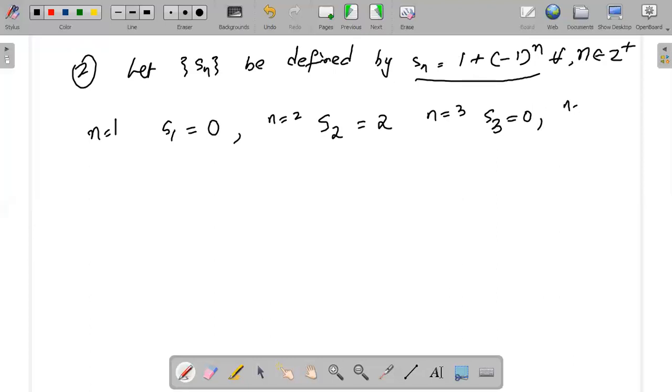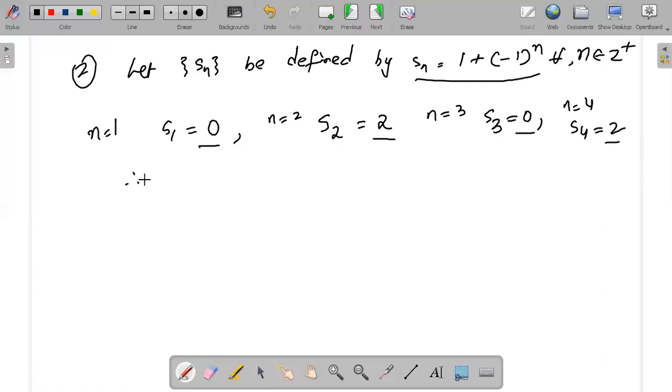Now put n is equal to 4, you get S4 as 2 again. Now you observe this, you are getting 0, 2, again 0, and 2 again. If you keep on doing for n values, you get the same values, 0, 2, 0, 2, and so on. So we can stop this.